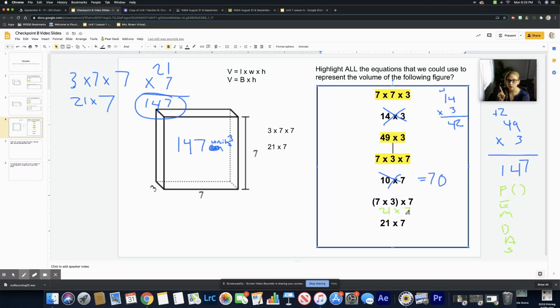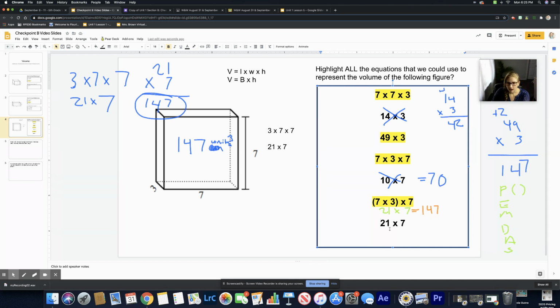Ooh, I know 21 times 7 was my volume equals base times height. And I know that when I do 21 times 7, I'm going to get 147. So 7 times 3 times 7, with the first part in parentheses, does equal 147 units cubed.